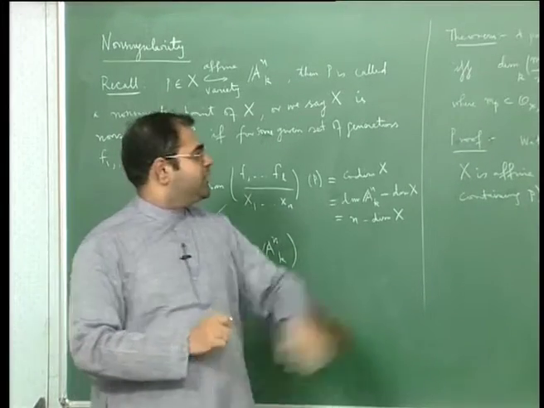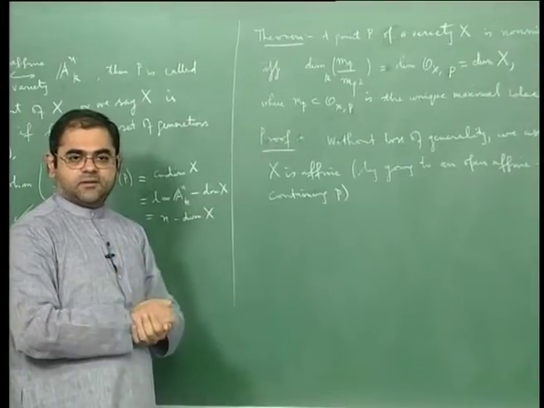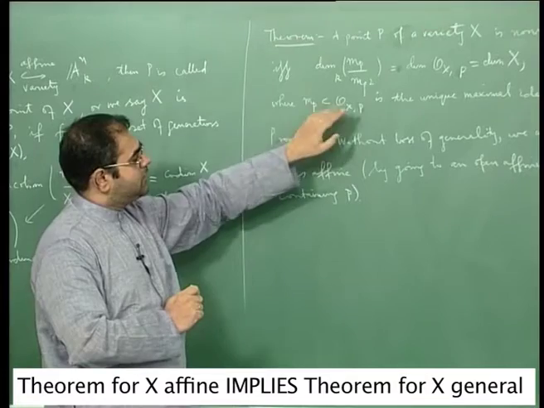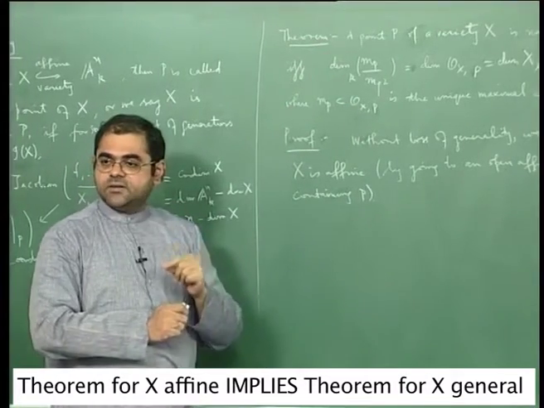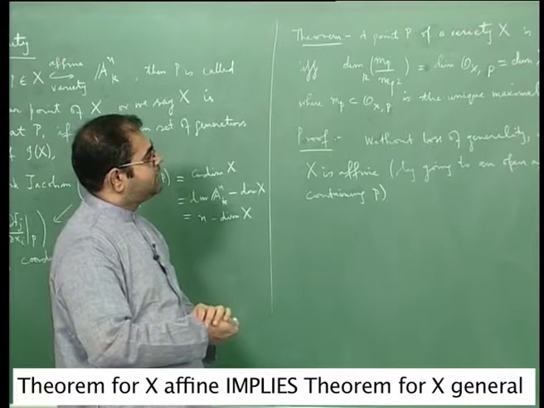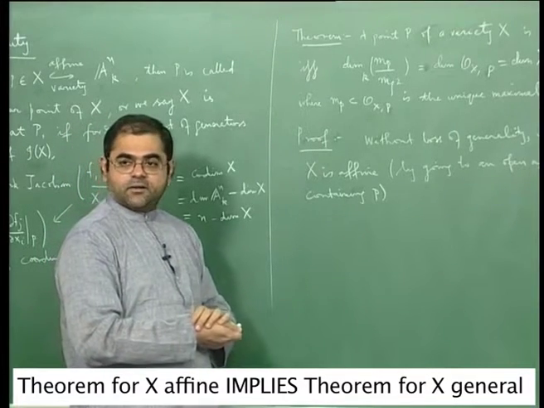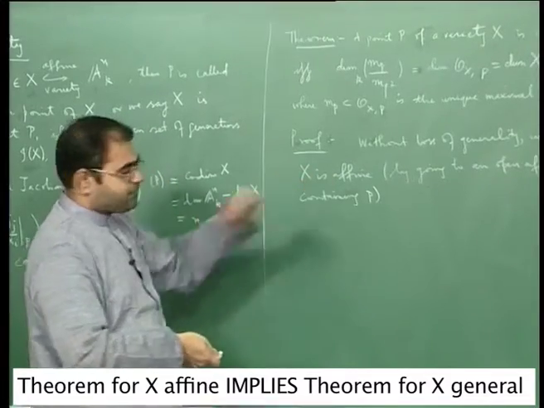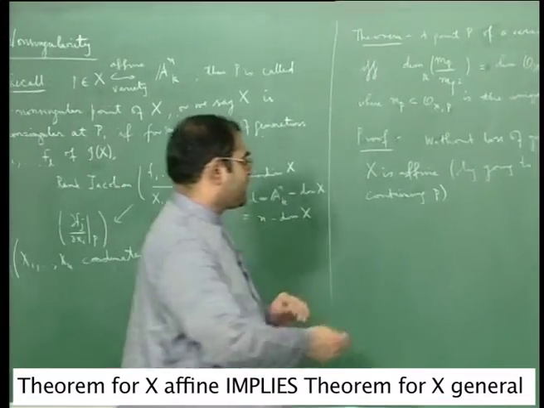So the hypothesis and conclusions of the theorem, both ways of the theorem, are not affected if you go to an affine open subset. So it is enough to consider X affine.